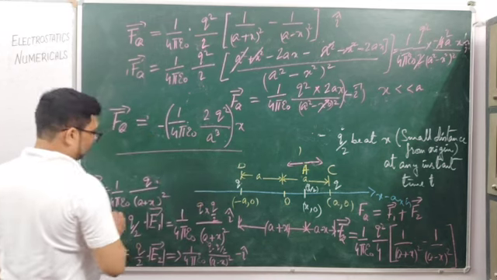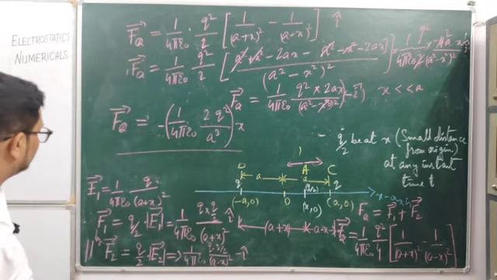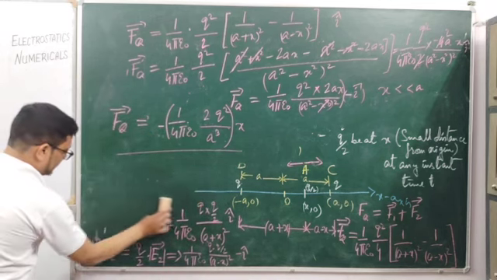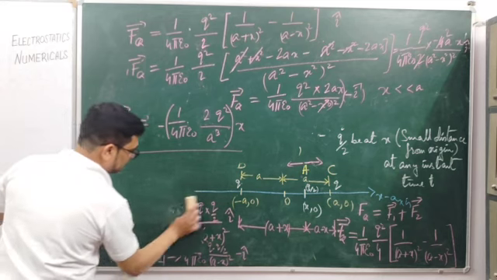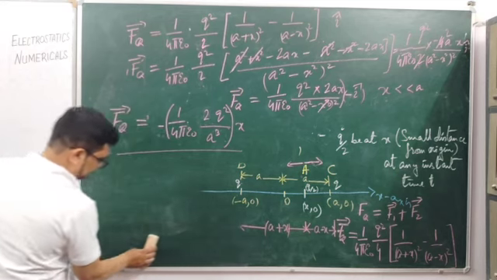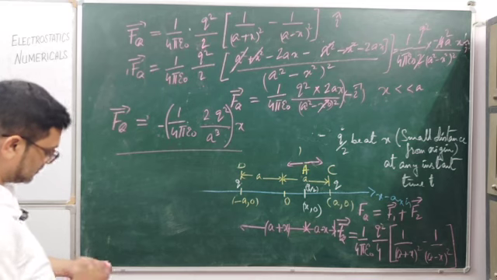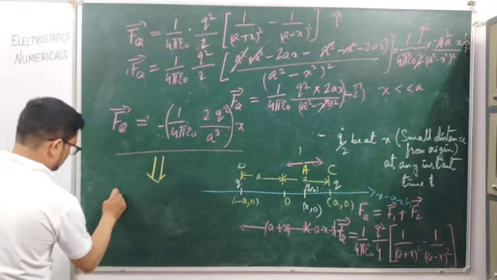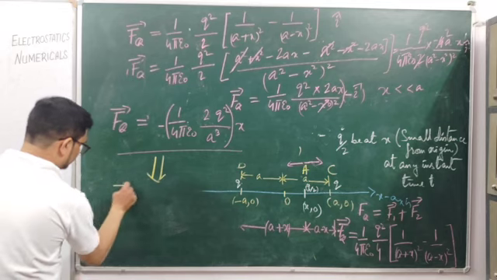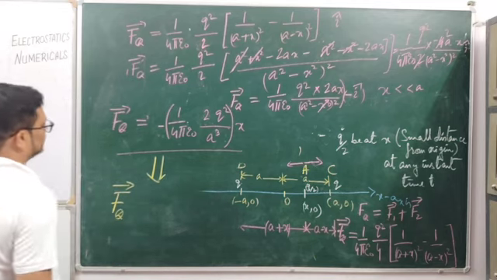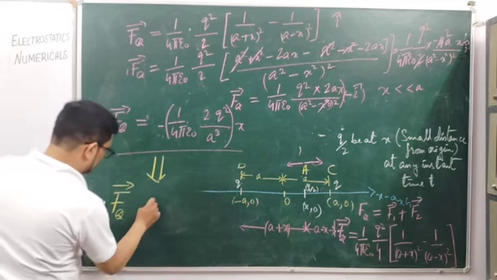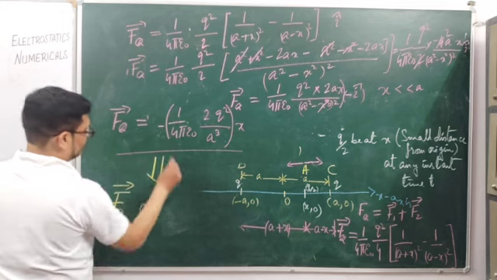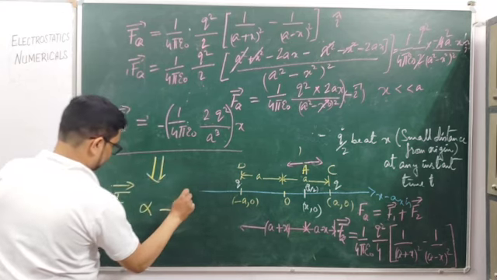So what do we conclude? If everything in the bracket remains constant, we conclude that this resultant force, the force at q, which is acting on the q by 2 test charge, is proportional to negative of x.